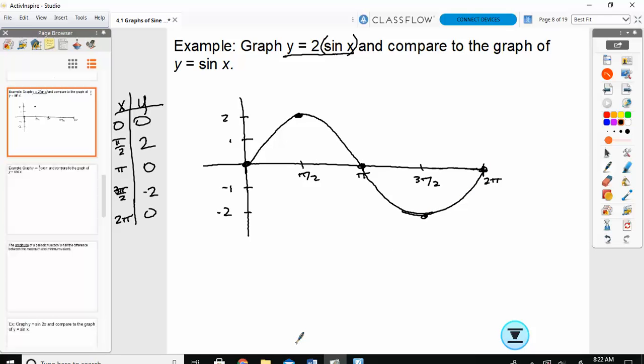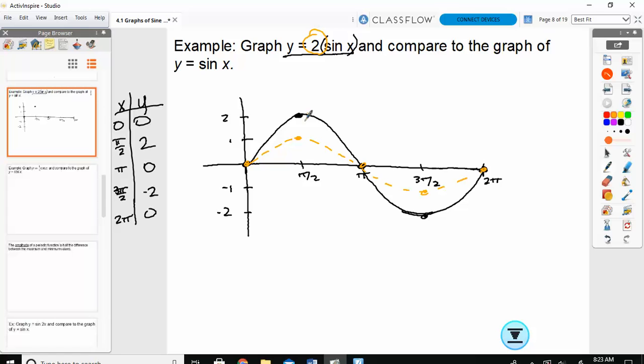How is this different from my regular sine? My range changed. Sine, the one we graphed before, looked like this. So my regular sine had a high point of 1 and a low point of negative 1.